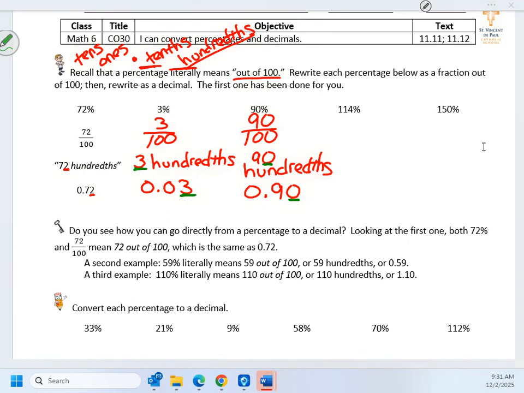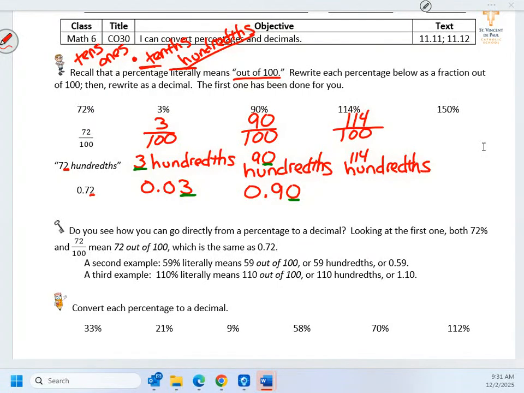Let's look at our next one. 114%. What fraction would that be? Vinny? 114 out of 100. 114 over 100. So that would be 114 hundredths. What does that decimal look like?